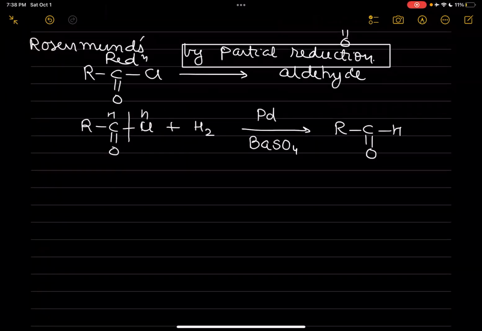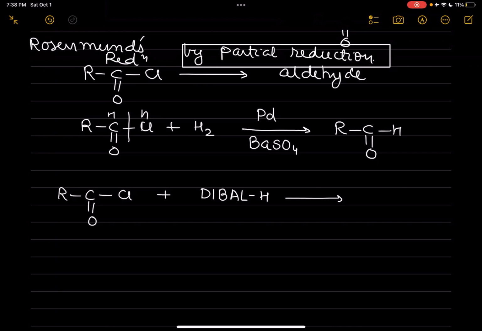Another method is you can take DIBAL-H also. That is also a weak reducing agent. What is DIBAL-H? A lot of questions are being asked related to DIBAL-H these days in NEET and JEE everywhere.